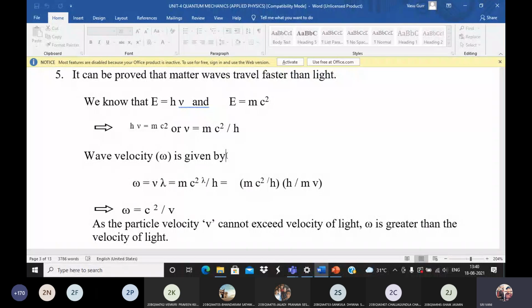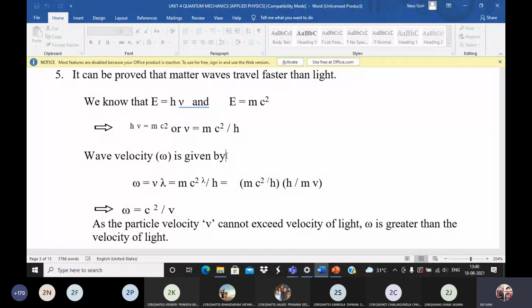Next, we know according to the de Broglie wave equation, lambda is equal to h by mv. So in place of lambda in mc square by h times lambda, we substitute lambda is equal to h by mv. Then h and h get cancelled, mass is also cancelled, and the remaining formula is c square by v. This is the relation between particle velocity and wave velocity.